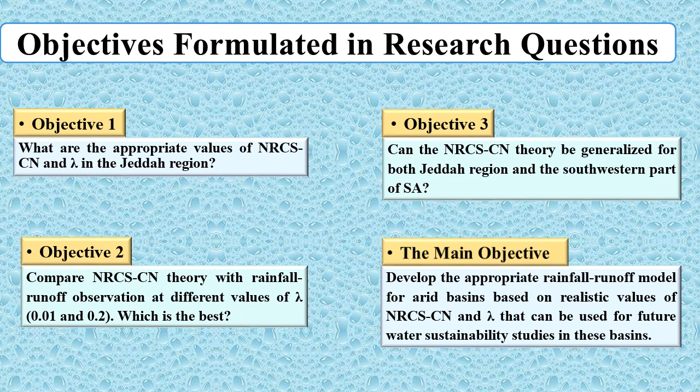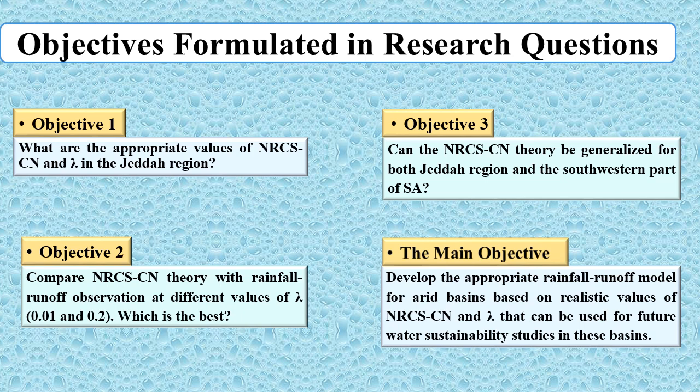The second objective is to compare the NRCS CN theory with the rainfall runoff observations at different values of lambda to see which one is the best to fit the data.